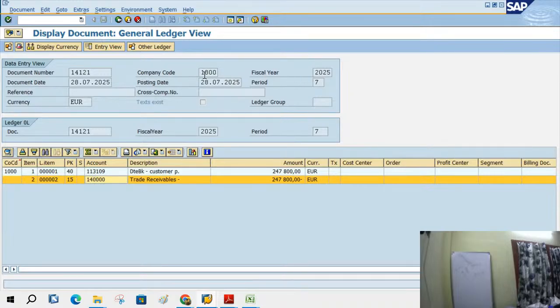In company code 1000, in that book, I call 1,40,000 one page number. In that page number, what entry am I making? I am making an entry of 2 lakh.